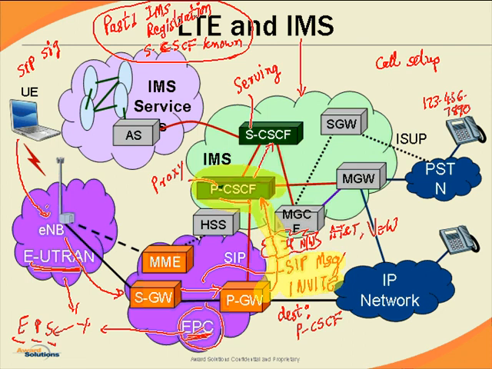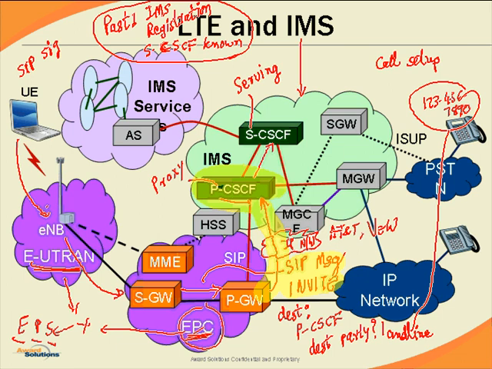Then the serving CSCF looks at the destination party. Whom are we trying to reach? Let's say some landline phone, this number. So it means we have to go outside the IP domain.